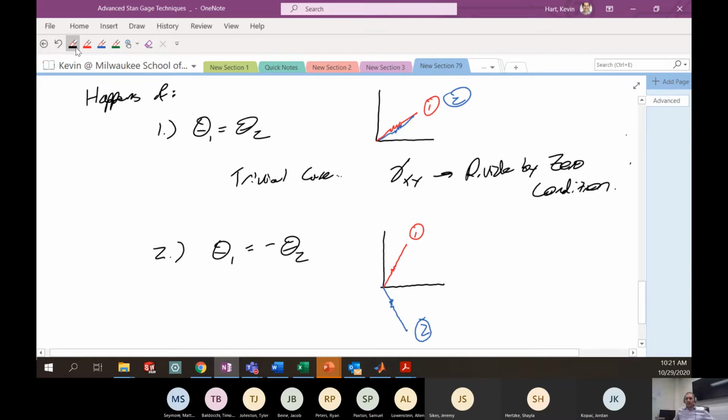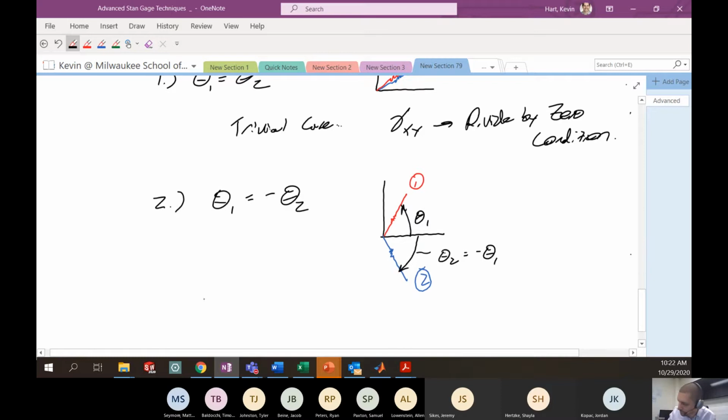Okay. This is true because this cosine function is symmetric about the x-axis. So here if this is theta 1, then here this is theta 2, which is negative theta 1. And this is the non-trivial case.